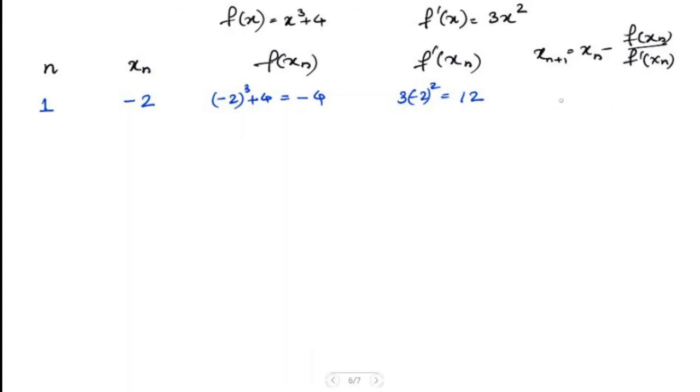Then we get x2, which is equal to xn, that's -2, minus f of xn, that's -4, divided by f dash xn, that's 12. That would be equal to -1.6667 up to 4 decimal places.